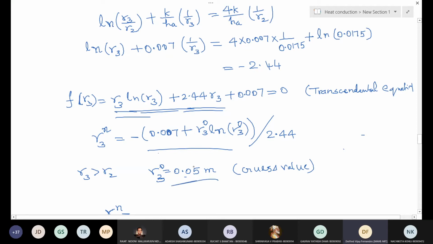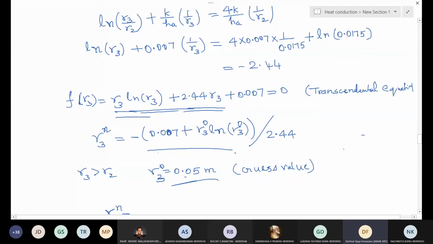That doesn't make any problem, only the number of iterations will be different. You can take 20 millimeter, but it should be more than 17.5 millimeter. Why? That's the radius of the pipe, R2. R2 is already there, so it should be more than that. So select some value and substitute here.